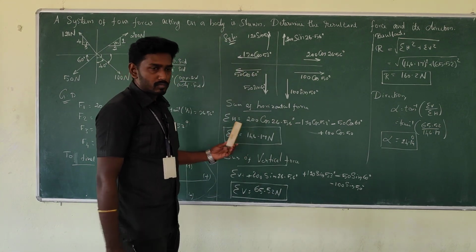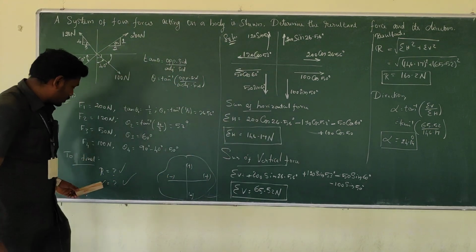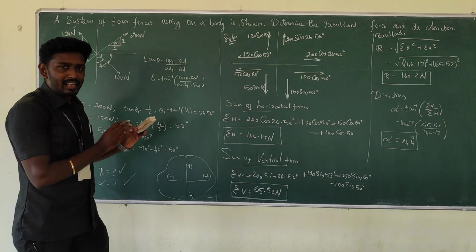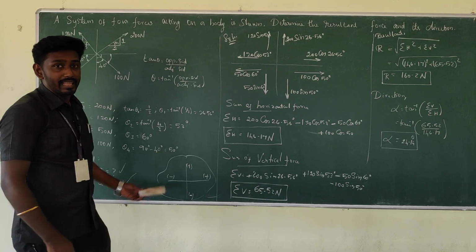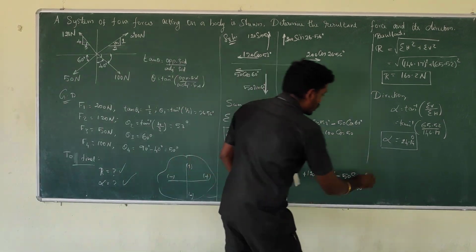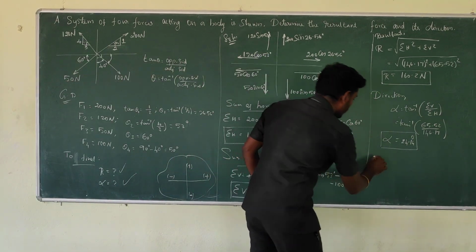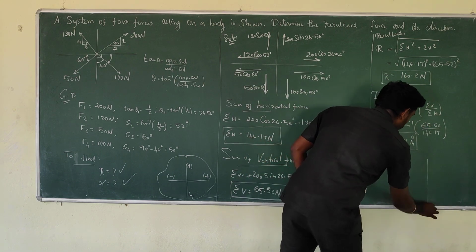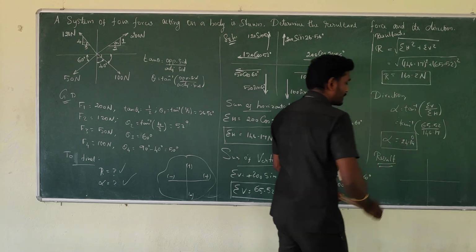And then the resultant and alpha, we got the value. We are in the last stage, that means in the result. We need to do the graphical representation. So just draw the quadrant and place the resultant.